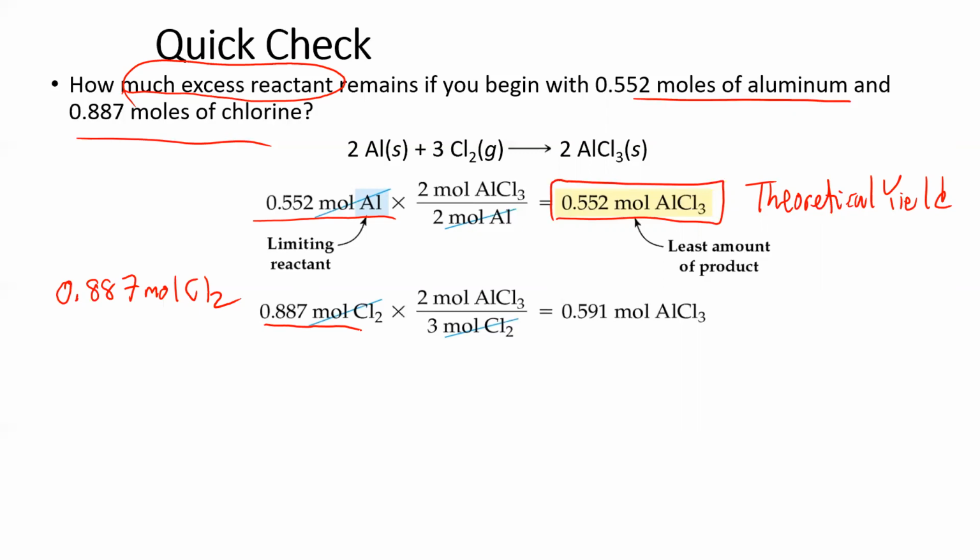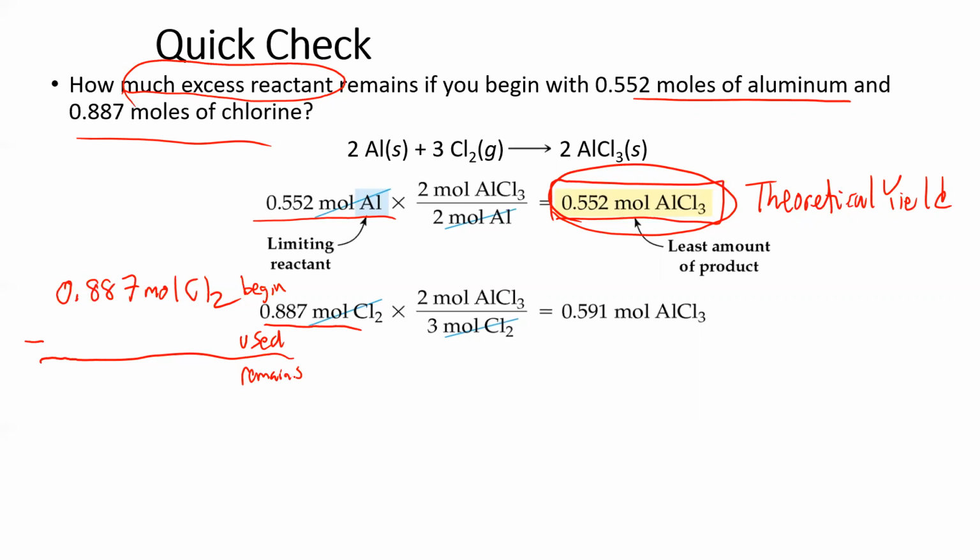Well, we have to figure out how much is used in the reaction in the production of this theoretical yield, and then we'll subtract how much is used from how much we begin with to figure out how much remains. That's basically what you're doing. So how do we do that?